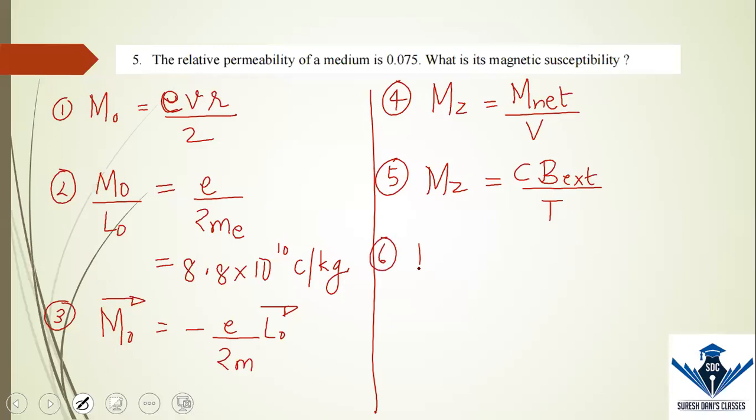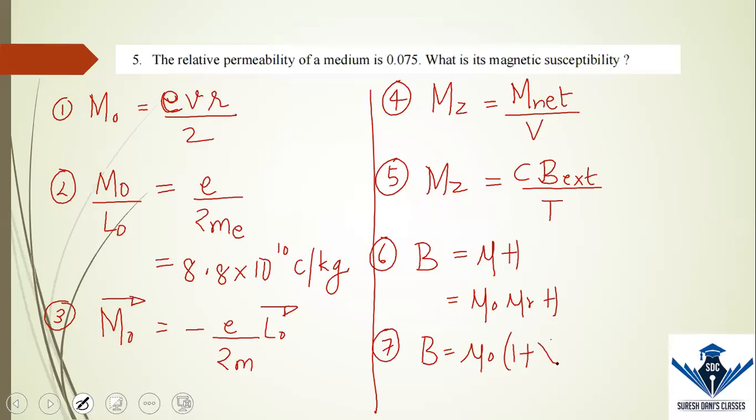We know that B is equal to mu times H. This can further be written as mu naught into mu R times H. You know what mu R is? It is 1 plus chi times H.